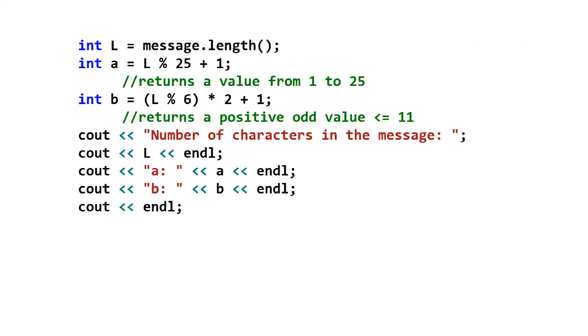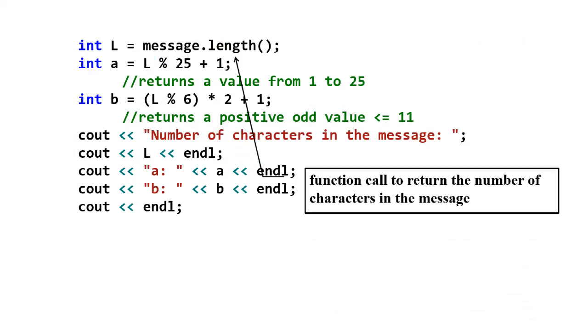This bit of code, first in the first line, has a function call to return the number of characters in the message. So I declare an integer L for length, and I assign that the result of this function call.